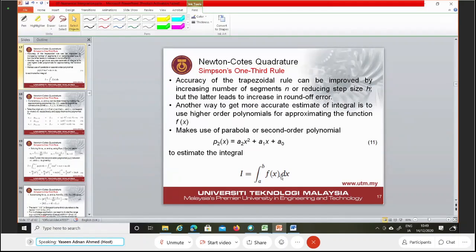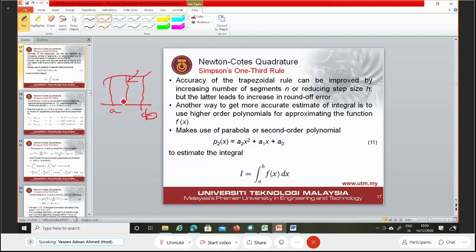Simpson's first rule. Simpson's first rule, no need to consider the derivation here. Simpson's first rule is also known as the 1-3rd rule. So what is the basic difference here? When you consider the integration a to b, we consider an additional strip here. That will be your midpoint.